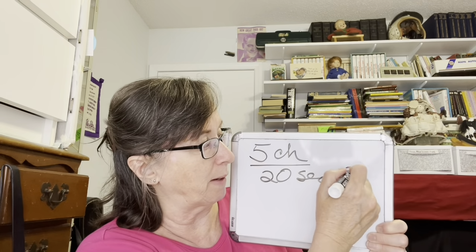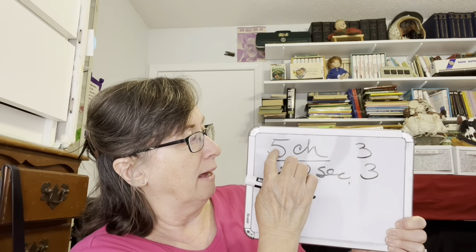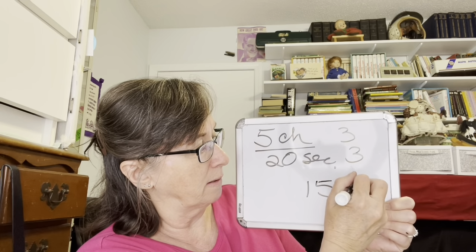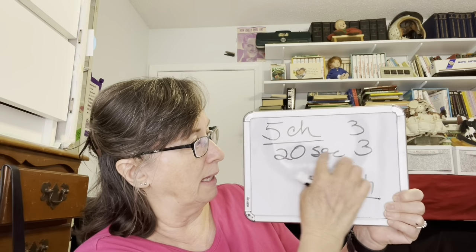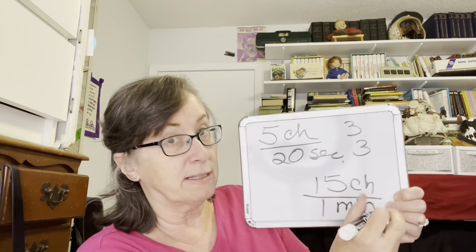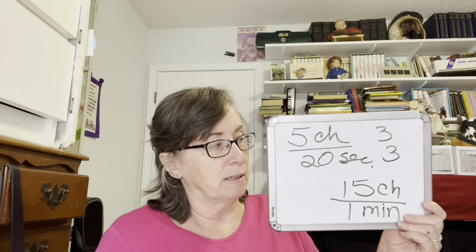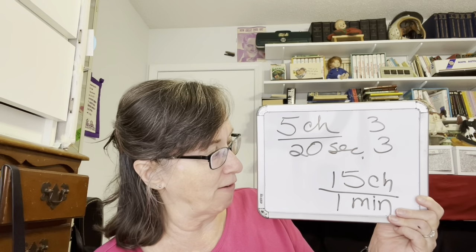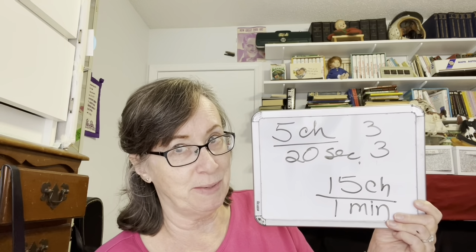So we're going to multiply by 3 and 3. 5 times 3 is 15 chops in 1 minute. So the second set of chops wound up being the same as the overall average, 15 chops per minute.